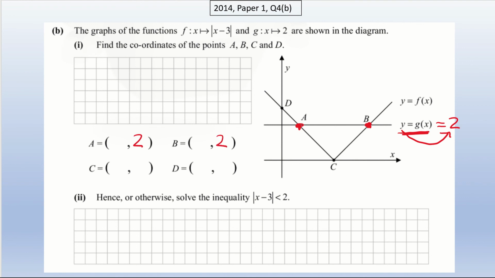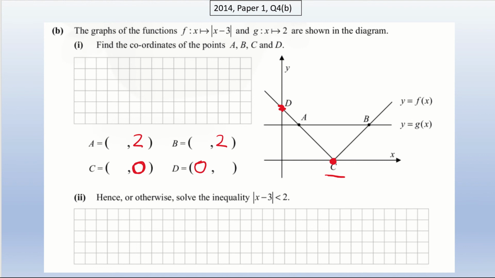Points C and D lie on the x-axis and the y-axis, respectively. So for point C, if it's on the x-axis, that means the y part of the point is going to be 0. So let's fill that in. For point C, it's on the x-axis, so the y part is going to be 0. And for point D, it's on the y-axis, so the x part is going to be 0.